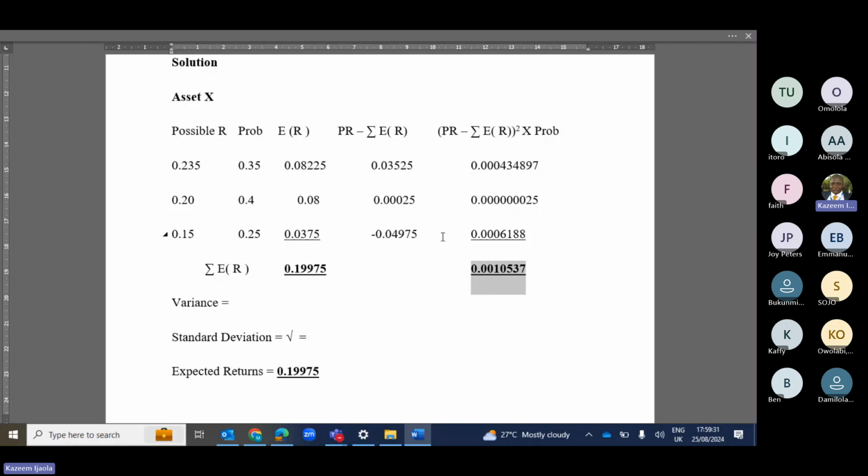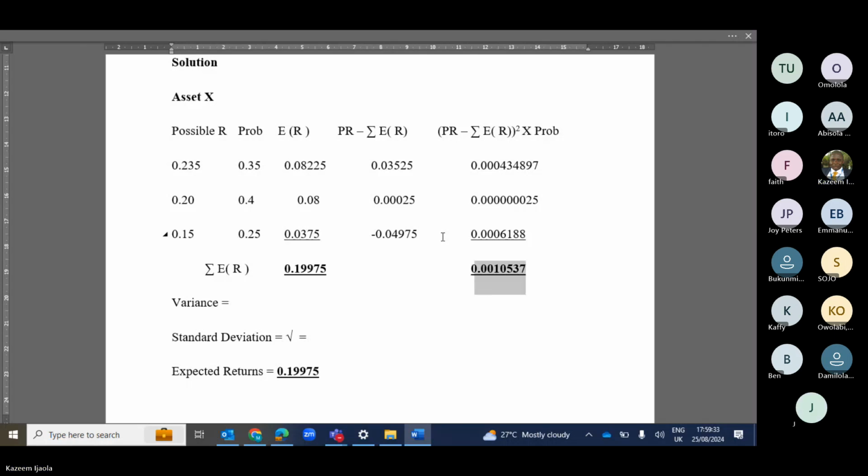So this is my variance now. So what's my standard deviation? I will just say it's equal to 0.3246. So this is the answer for the asset B.